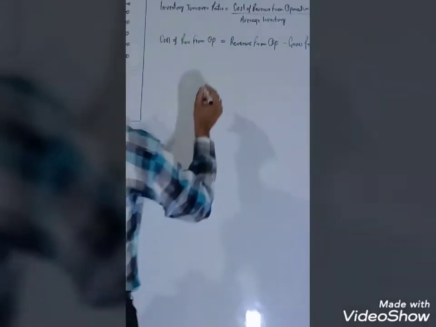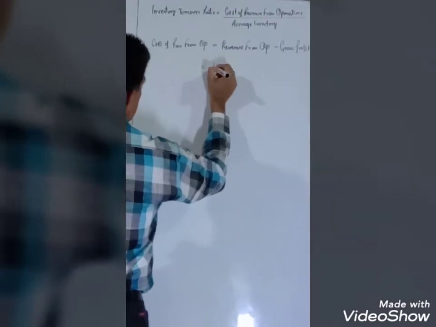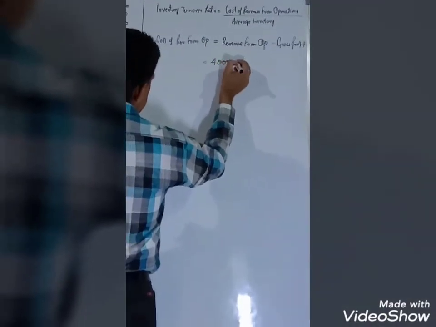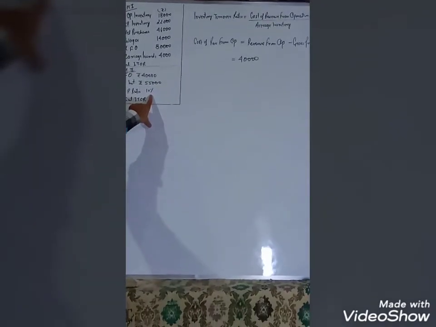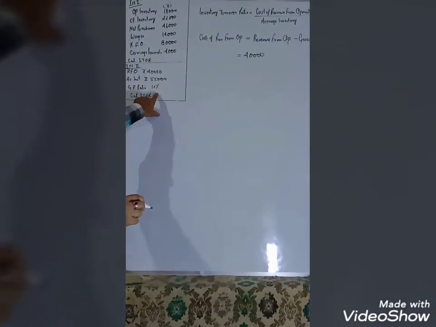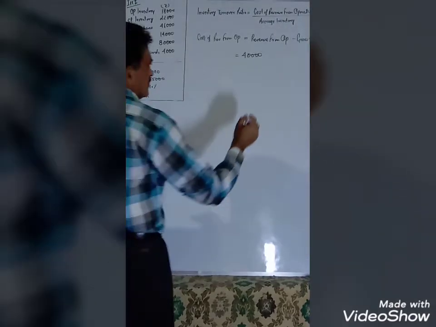Revenue from operations we are having rupees 40,000. Gross profit ratio is given 10%. This is 10% of revenue from operations.